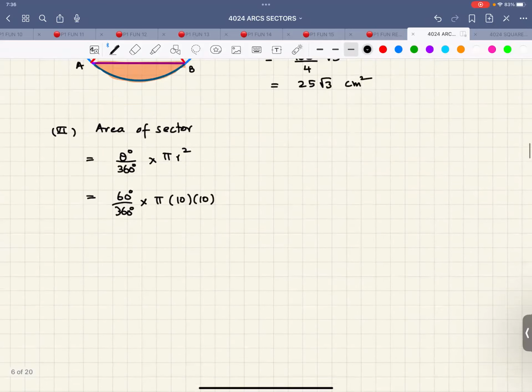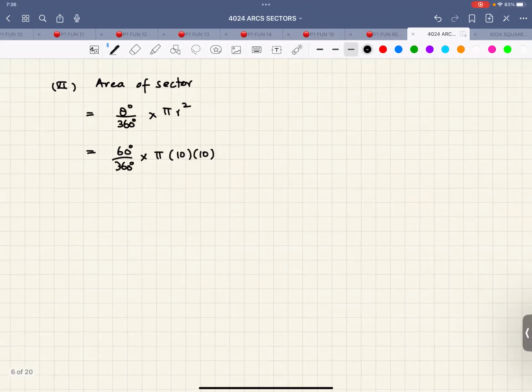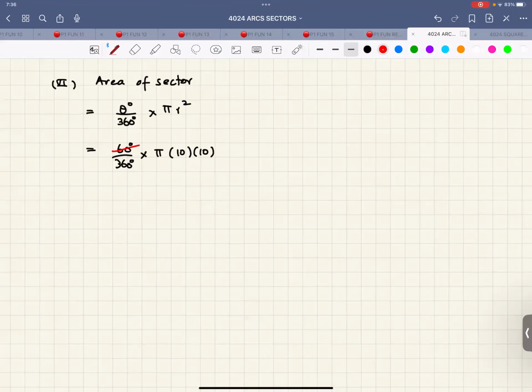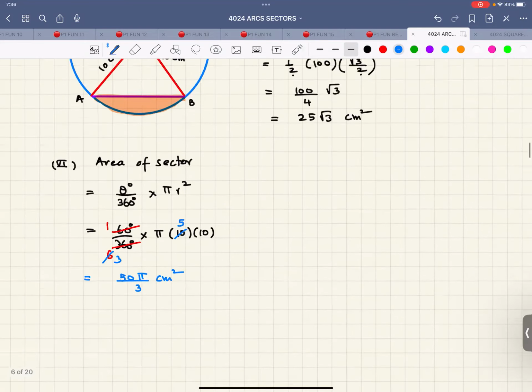The zeros cancel out. So this is 6 ones are 6, 6 threes are 18, and then 5 and 3. So that becomes 50 pi divided by 3 centimeter square. That is the area of the sector.